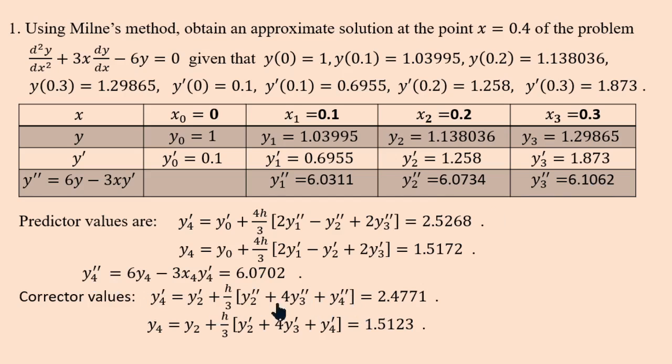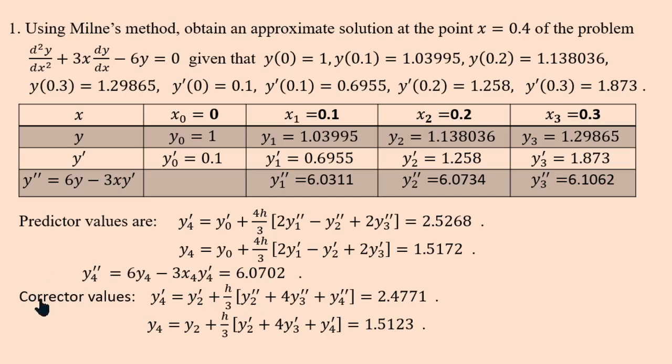After calculating y4 dash, now find y4, y2 is here 1.138036 plus 0.1 by 3 into y2 dash 1.258 plus 4 times of 1.873, and then y4 dash, you take this new value, not the earlier one, because we already got the corrected value, use it, we will get 1.5123.